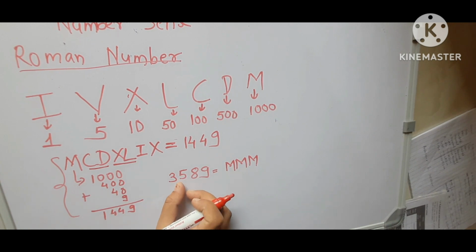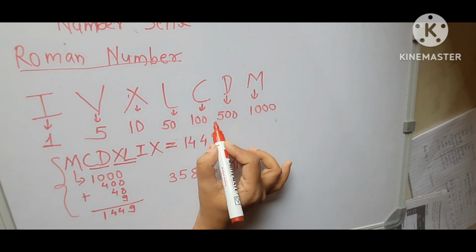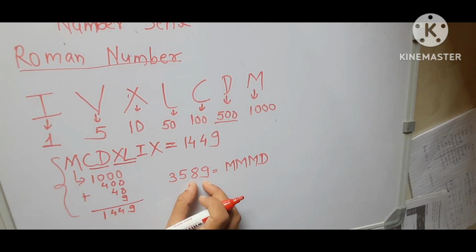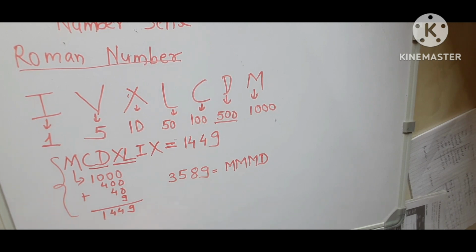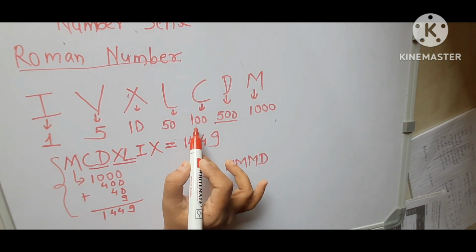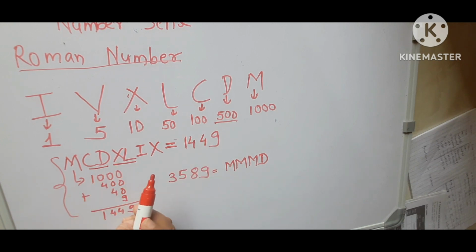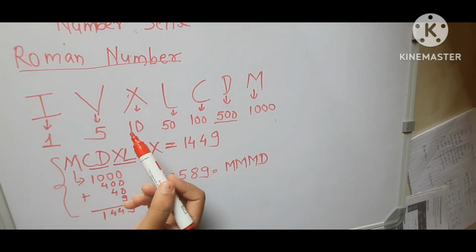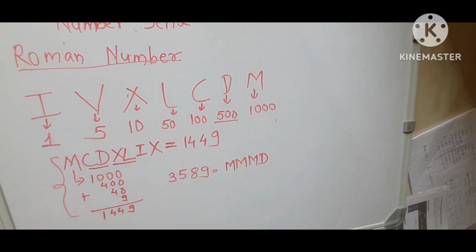Okay, the next is 500. What is the value of 500 here? We have D, so it will be D here. Okay, the next is 89. Now 80, how can we write 80? Remember how we write 8?